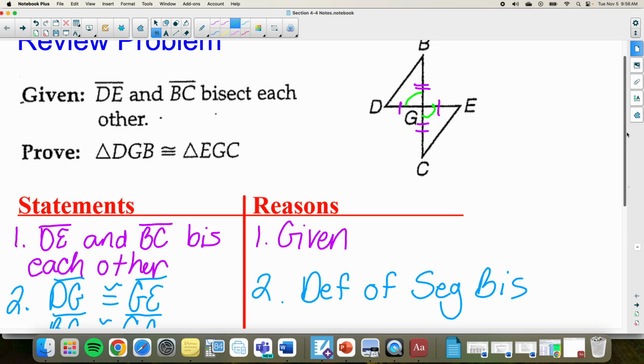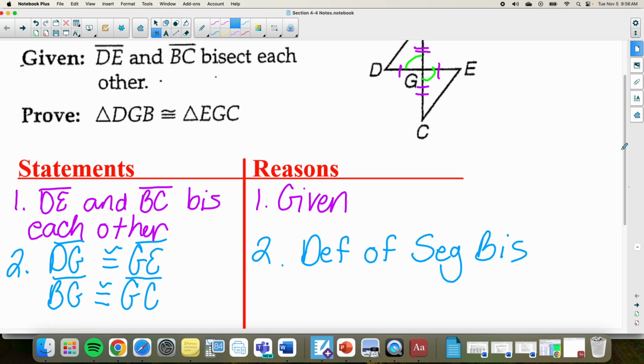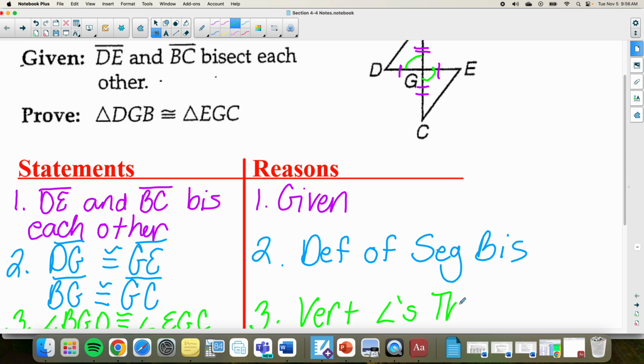So I can say angle BGD is congruent to angle EGC. And when it's vertical angles, it's called vertical angles theorem.